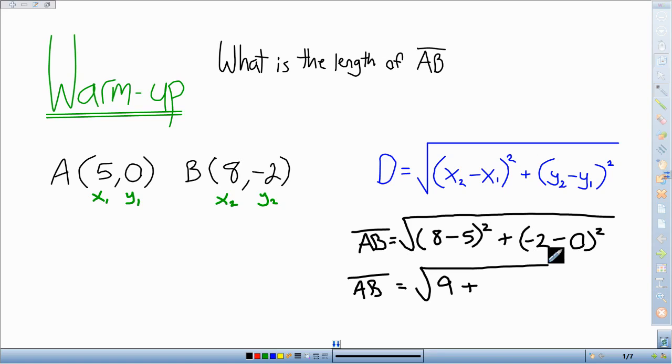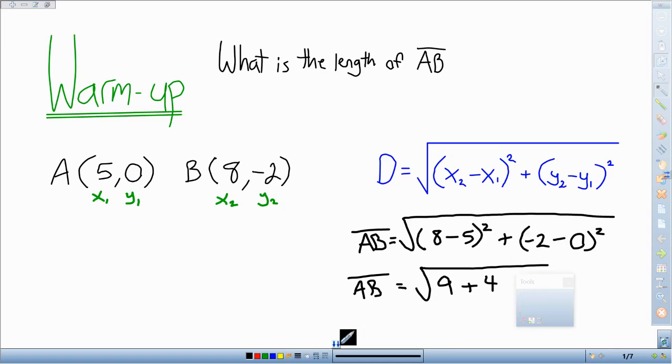Negative 2 squared, negative 2 times negative 2 is going to give us a positive 4. Something just to point out, whenever you square a number, you will always end up with a positive number, right? Because if I have a negative 2 and I square it, I'm multiplying it by another negative 2. Negative times a negative is always a positive, and a positive number times a positive is always positive. So just a little reminder on that.